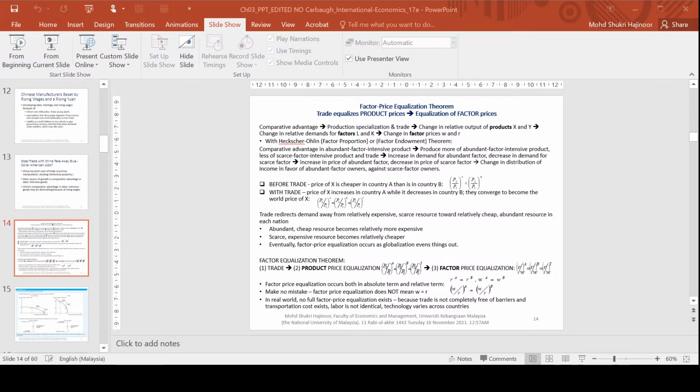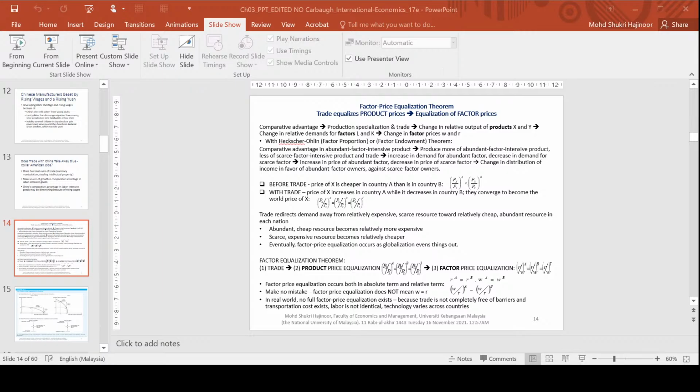And this will lead to change in relative demand for factors. Because of what? Because of specialization, because of trade. And this will lead to changes in factor prices, W relative to I, interest rate. I put here R or I, doesn't matter, interest rate.